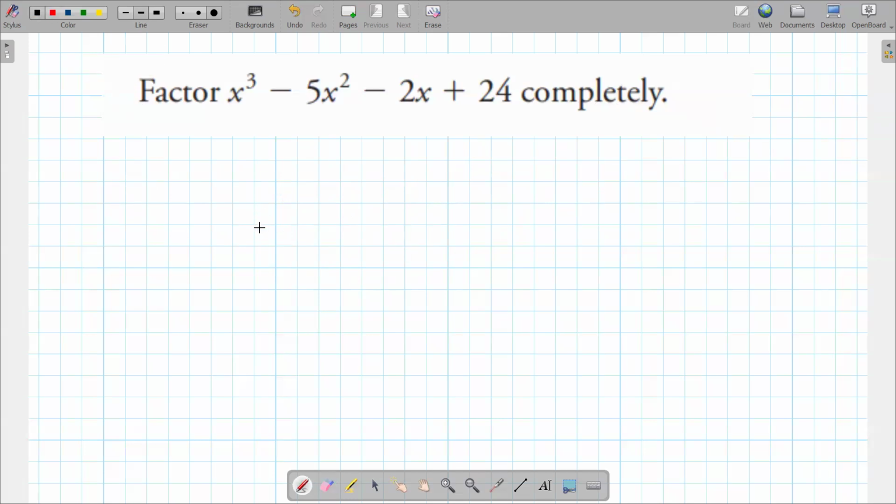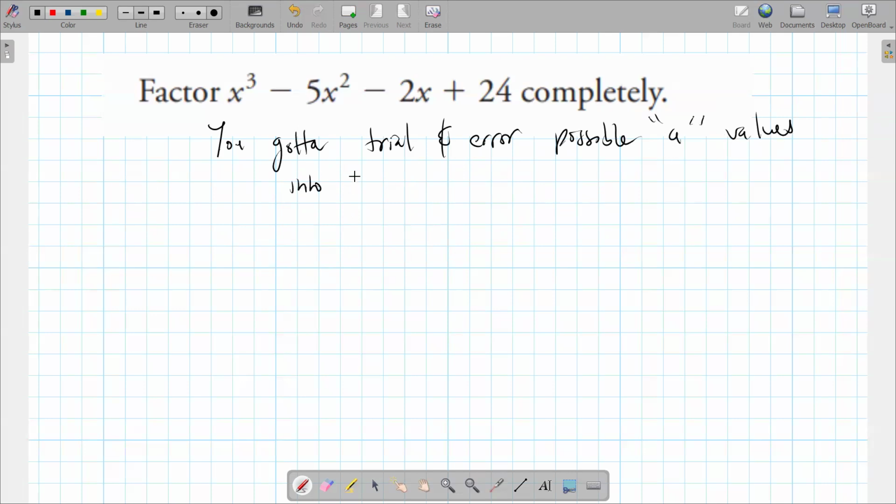So now here's what we do. You have to trial and error possible a values into f of x. And the possible a values will always be a factor of the y-intercept.